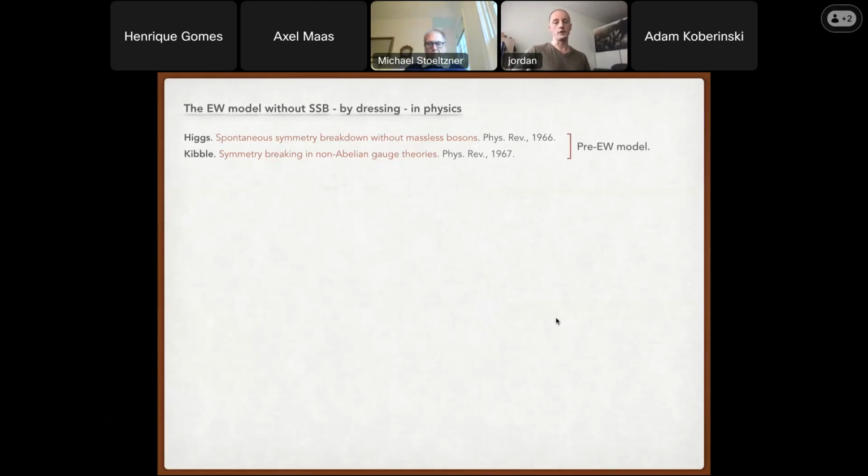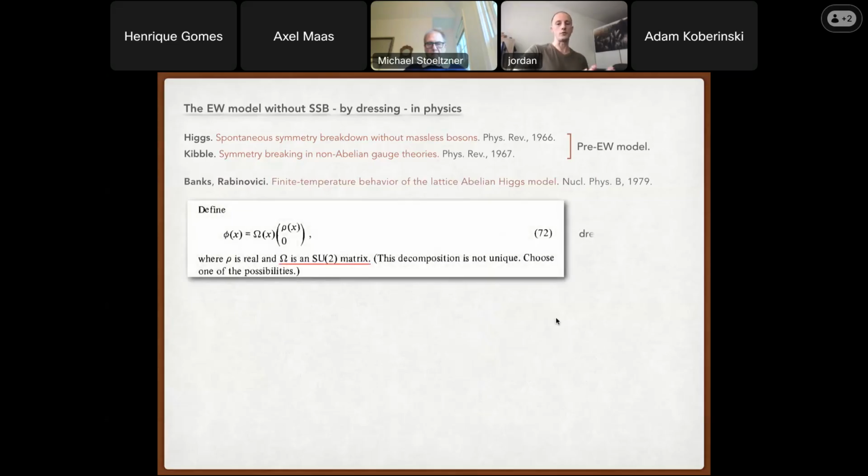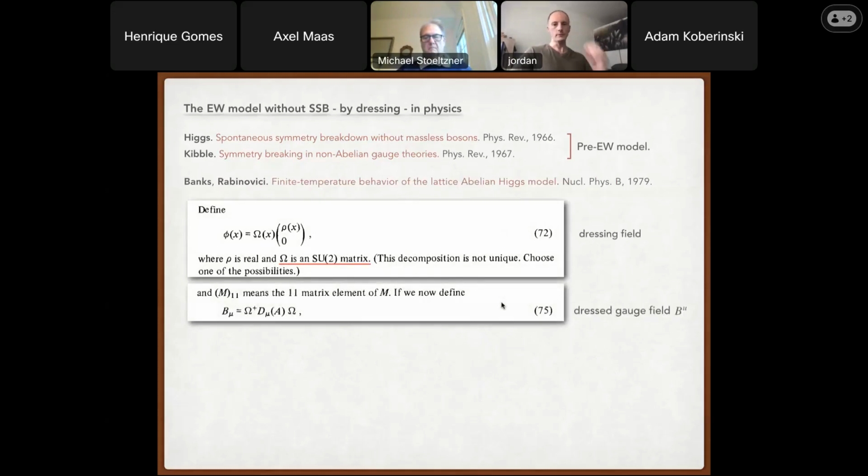But then, of course, it became much more important once the electroweak model was effectively proposed and shown to work. And so, to give you still more examples of dressing-like things appearing in the literature, you have this paper by Banks and Rabinovici, in which they explicitly do a polar decomposition again of the scalar field using omega as what I call a U, the dressing field, and obtaining the dressed B field, the dressed non-abelian field in that case, right?